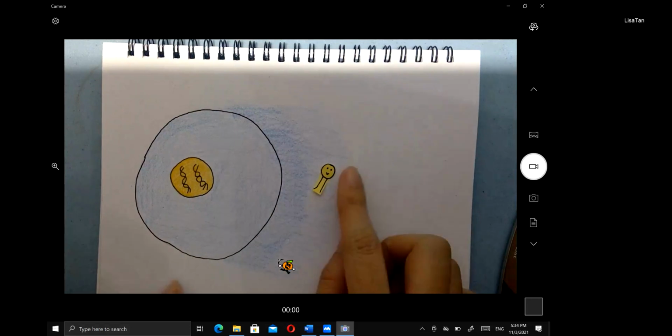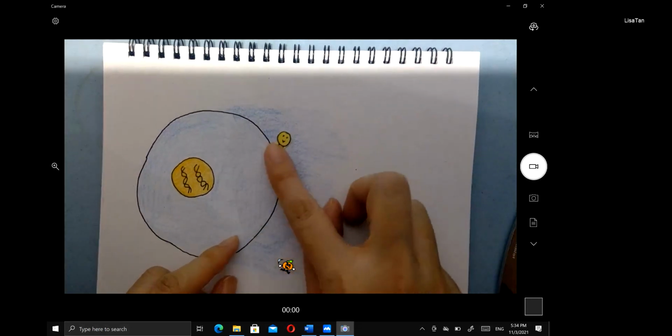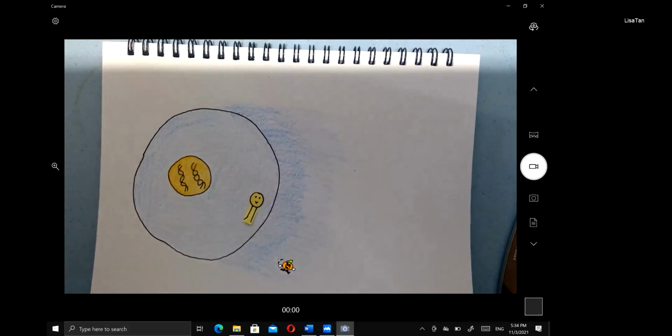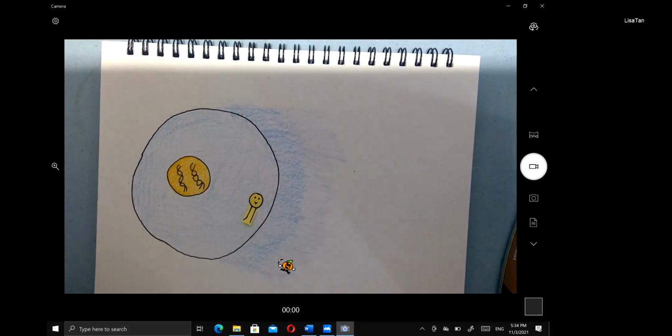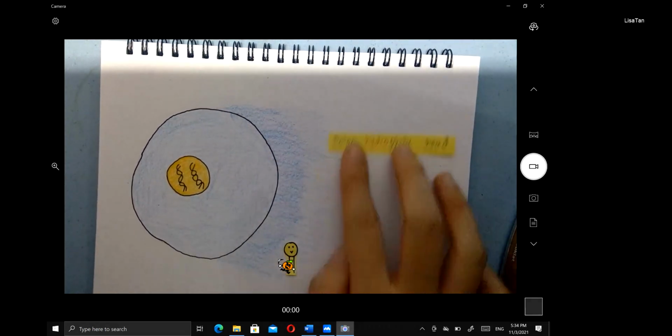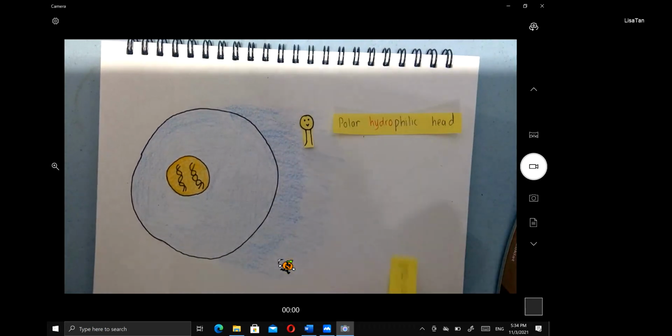So cute, right? This is what I made today. Okay, so you can see the phospholipid molecule as we learned last week. You still remember which is the head and which is the tail. So what are the characteristics of the phospholipid molecule? The head is a polar hydrophilic head, right? And the tail is a non-polar hydrophobic tail.